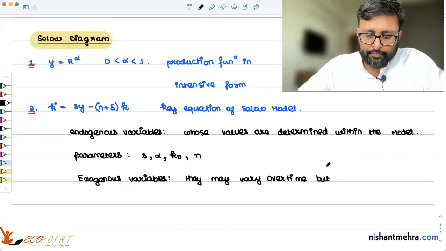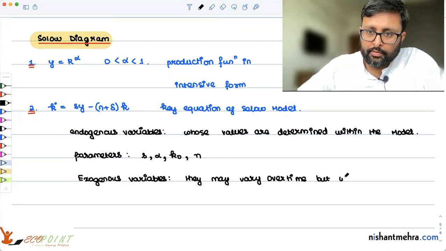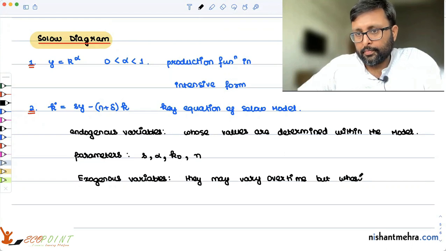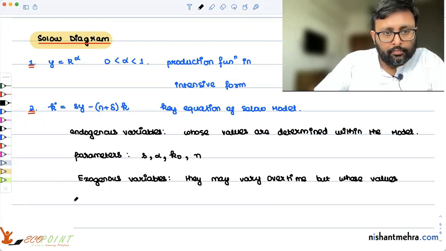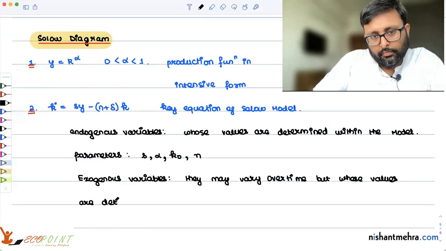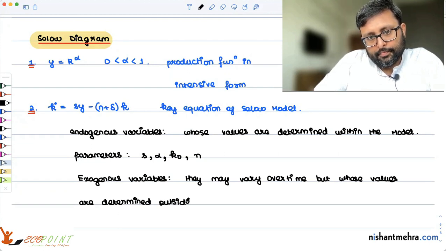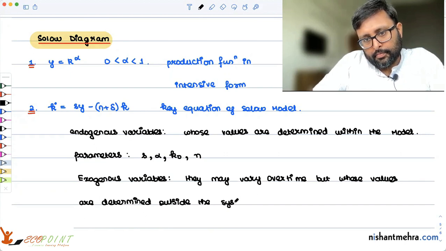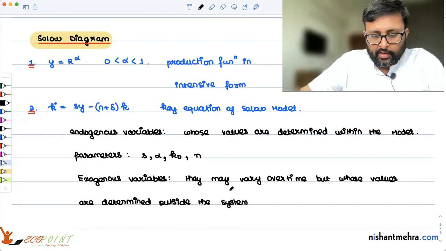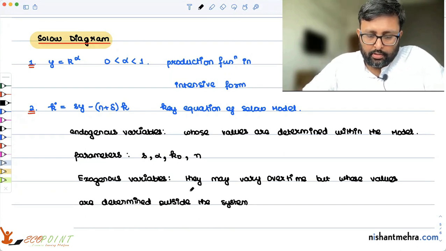But their values are determined outside the system or outside the model, right?